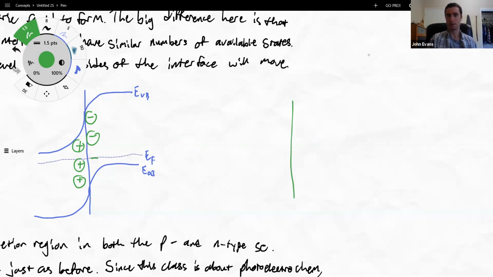Similarly, if you were to look at your E fields, for your electric field strength, it would kind of go up and up and up, and then down and down and down.